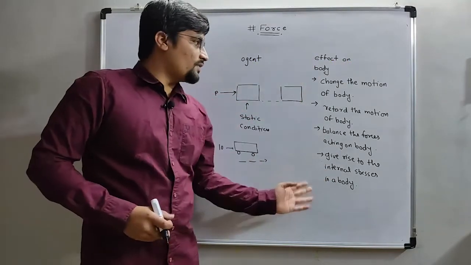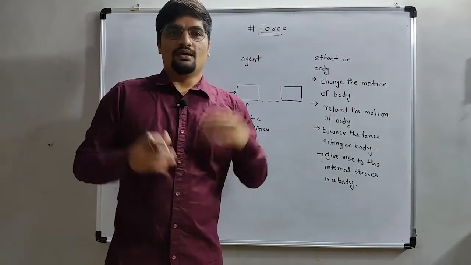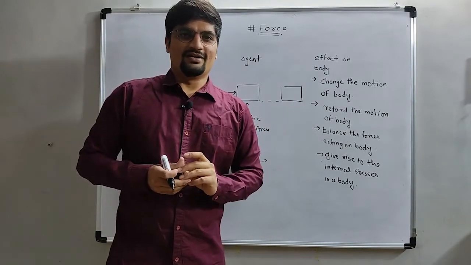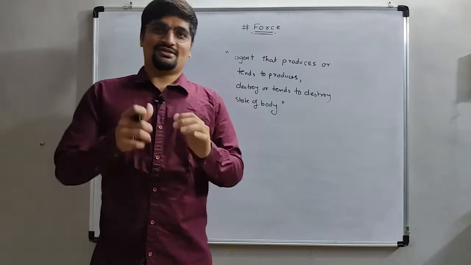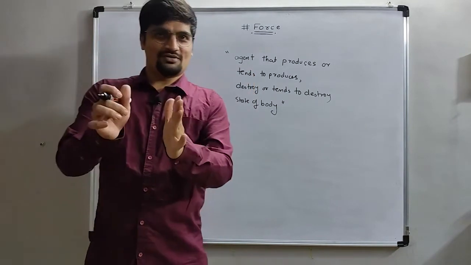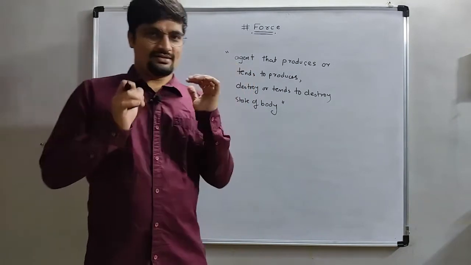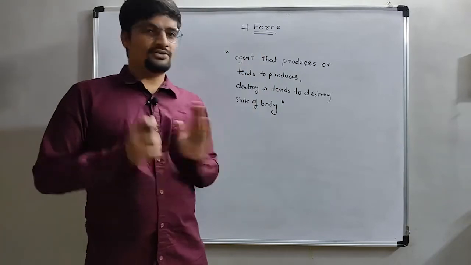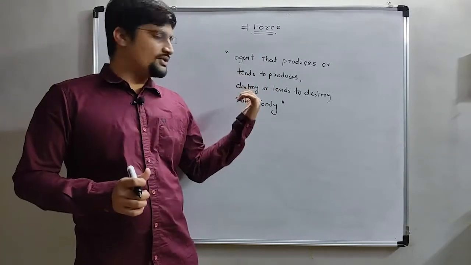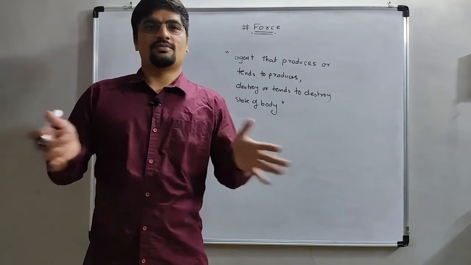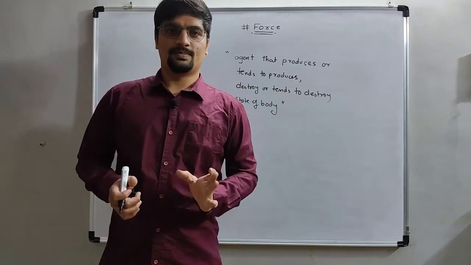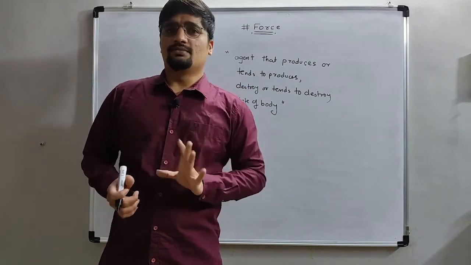So these are the four effects that occur on the body due to force. Here I have stated the definition of force: an agent that produces or tends to produce, destroys or tends to destroy, the state of the body is known as force.